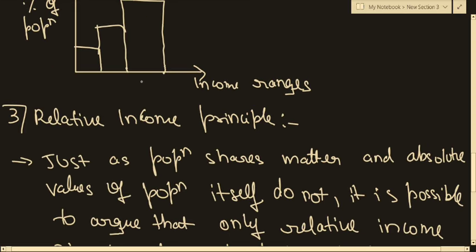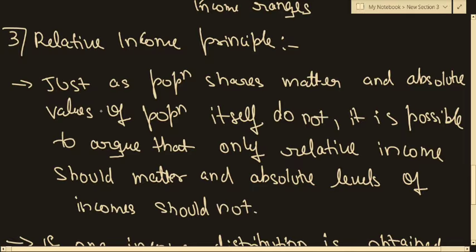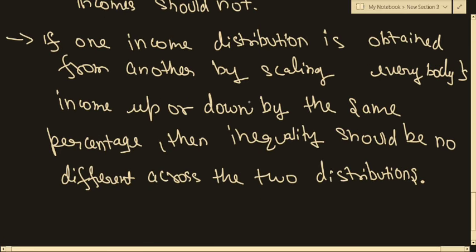Okay, so let's quickly revise this. Relative income principle: just as population shares matter and absolute values of population itself do not, like we saw in the anonymity principle, it is possible to argue that only relative incomes should matter and absolute levels of income should not. If one income distribution is obtained from another by scaling everybody's income up or down by the same percentage, then inequality should be no different across the two distributions.